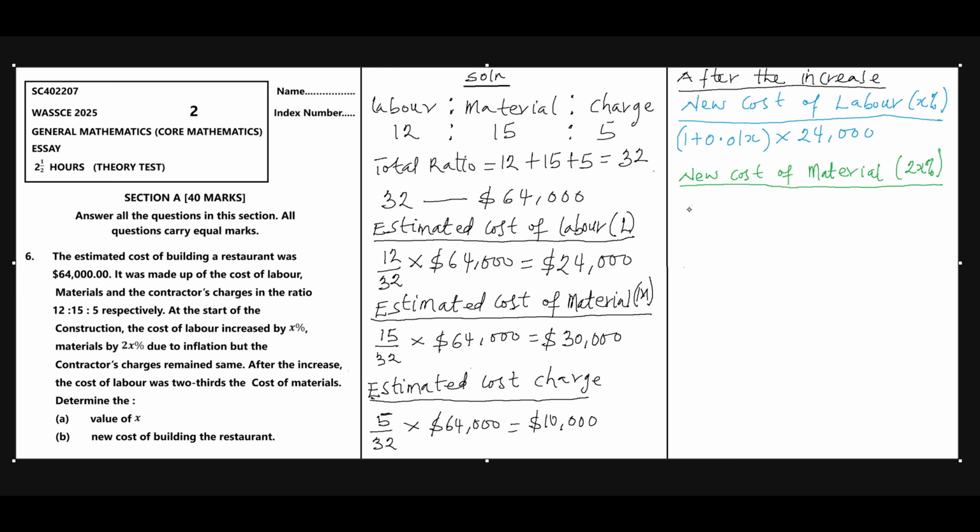So (100 plus 2x) divided by 100 can be written as 100 divided by 100 plus 2x on 100. 100 divided by 100 is 1, and 2x divided by 100 is 0.02x.